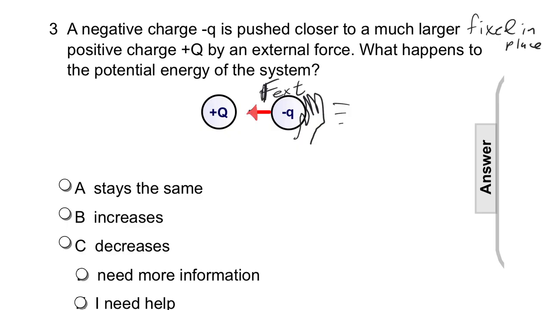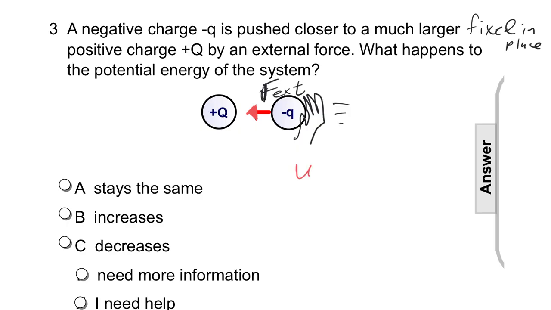Because it's like the rock and the earth are like opposite charges. They attract, but it's not charges. It's gravitational force, which is only attractive. So I don't really have to even push it. I'm just allowing the electric field to pull it closer.